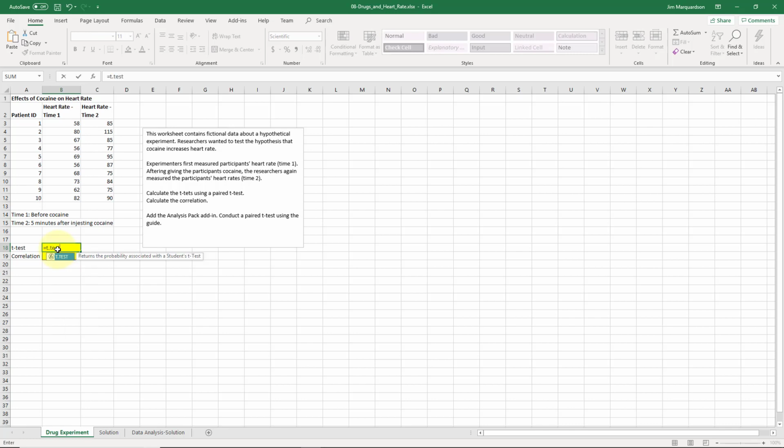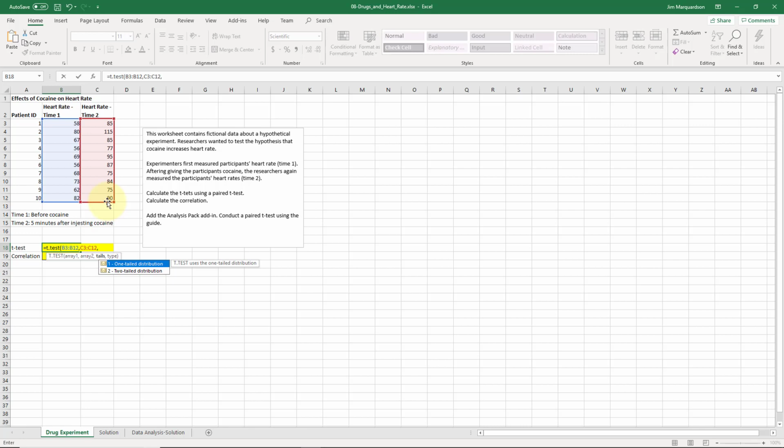So t.test is the function that we're going to be using. Then we've got these arrays. Arrays, it's just a cell range. So we're going to use time 1 and time 2. And now hit comma, those are 2 arrays. Tails, one-tailed distribution or a two-tailed distribution. A one-tailed distribution is going to be used when we have an a priori hypothesis.